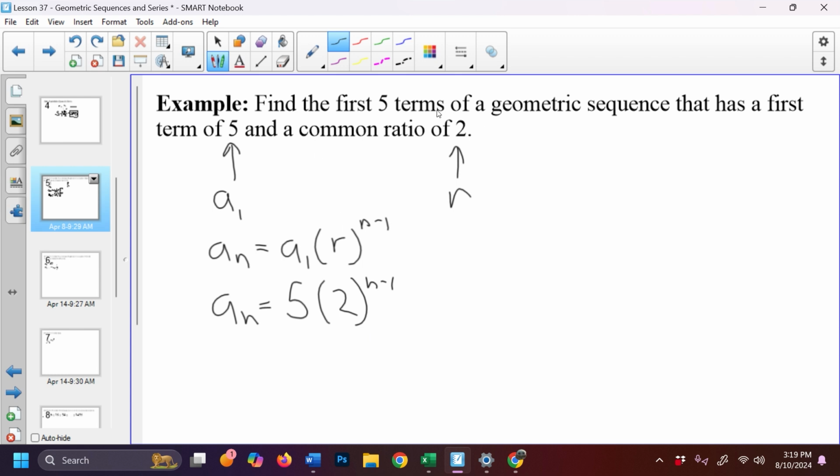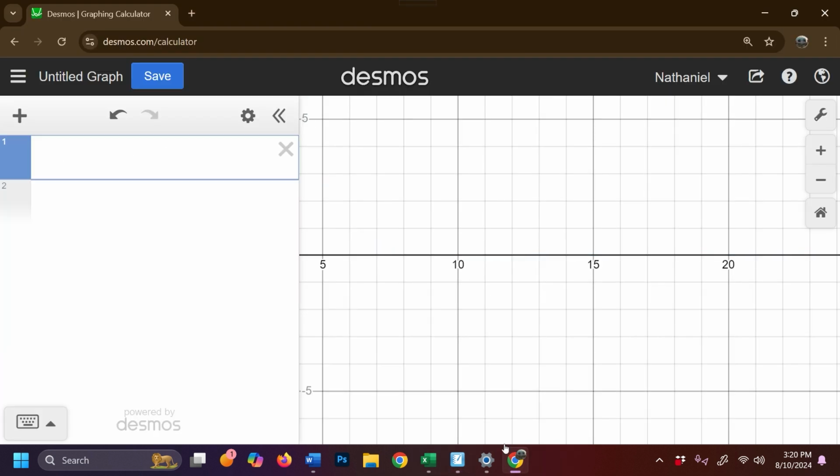They want us to find those first 5 terms, so that'll be a list. And we're going to use Desmos to calculate that and make a table. So we'll go back over to Desmos, and this time I'm going to put that formula in as a function. And again, the reason that I want to do that is because I'm going to use a table. So we'll go 5 times 2, and then it's raised to, and again, since I'm doing an operation in the exponent, I'm going to put parentheses around that.